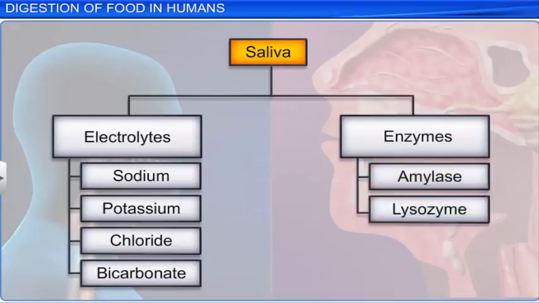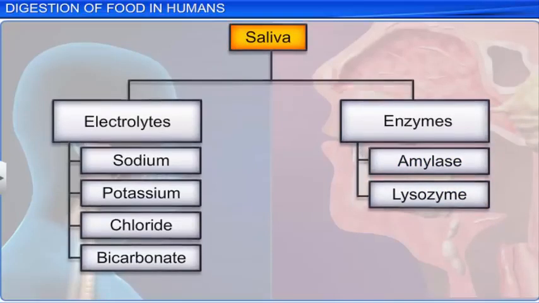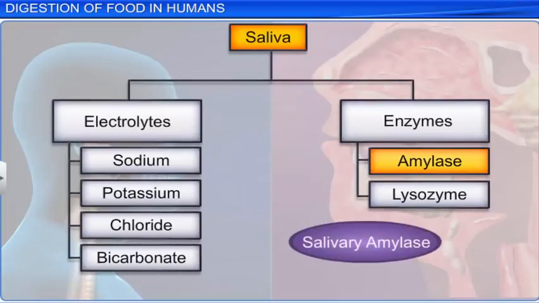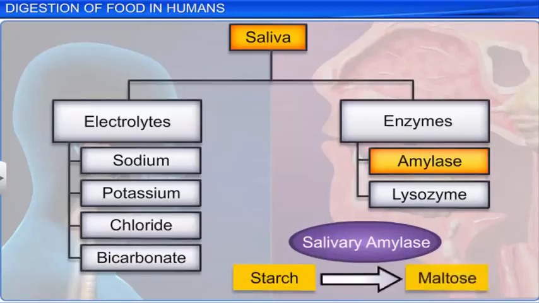Each of the salivary components has its own function. For instance, the salivary amylase, a carbohydrate-splitting enzyme, initiates the process of digestion in the oral cavity by hydrolyzing nearly 30% of food starch into a disaccharide or simple sugar called maltose.